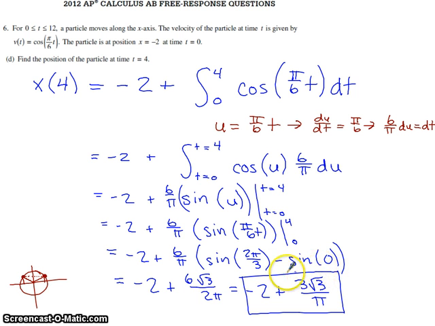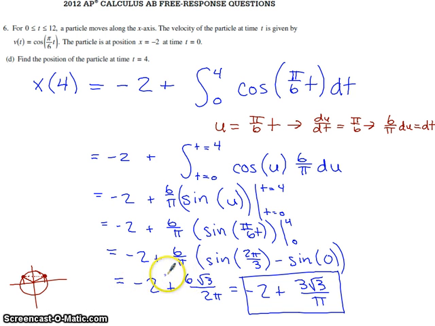Sine of 0 is 0, and then if you use your left-hand trick to figure out the y coordinate on the unit circle at this point, you're going to end up with square root of 3 over 2 for the sine of pi by 3. And that's also going to correspond to the sine of 2 pi by 3, since the y coordinate would be the same at either of these points on the little unit circle I've drawn over in the left corner of the screen here.